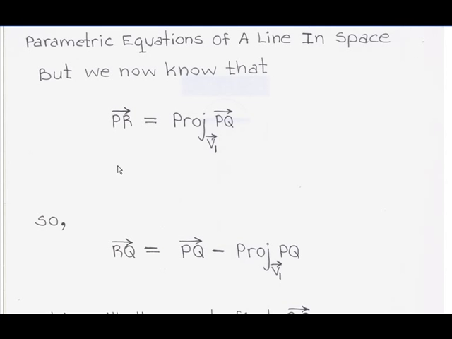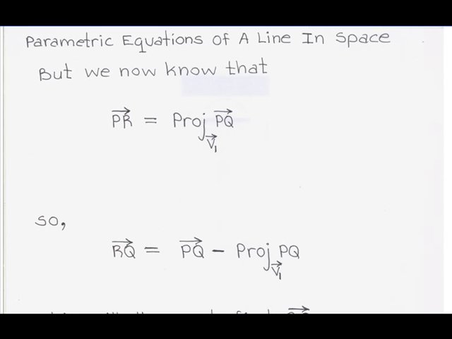If you need to, please move the video back to where I showed you how I got this projection. Again, we know from our previous work that vector PR is equal to the projection of PQ onto vector V1.